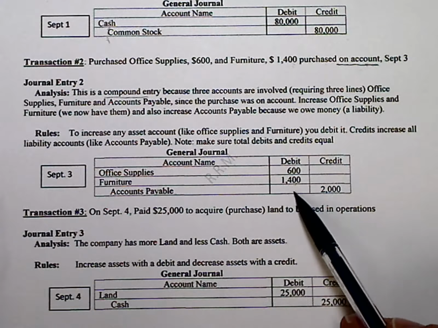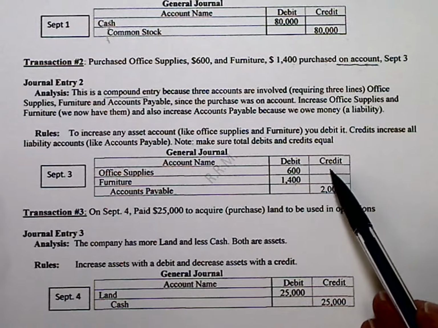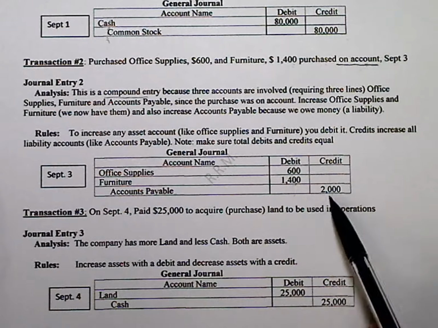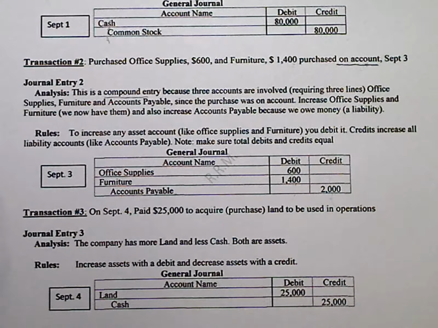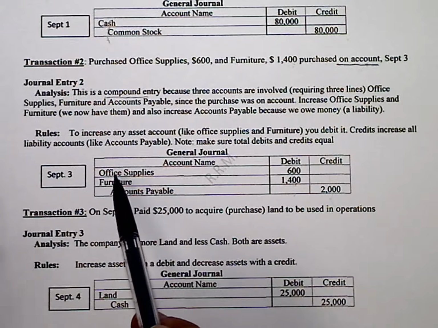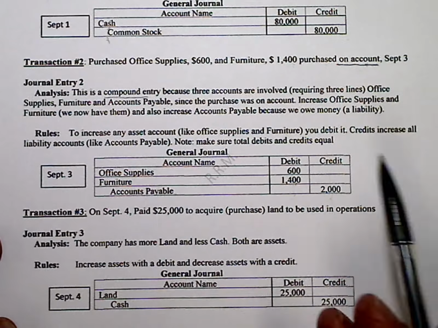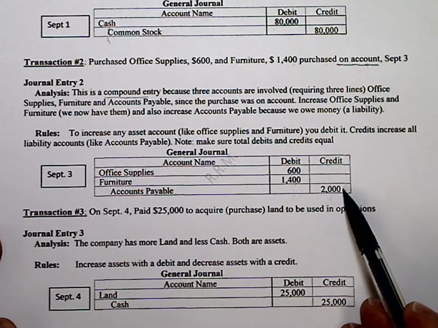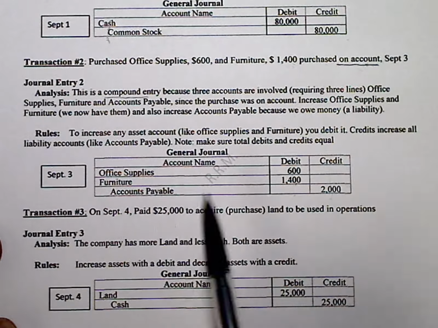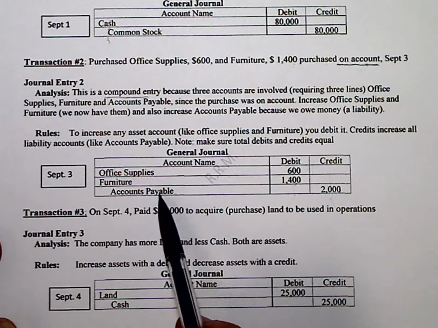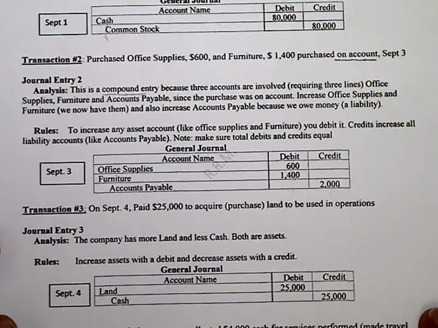The entry must balance. This $2,000 is $2,000. The entry balances. Asset up, and liability, accounts payable. What do the rules say? $2,000 credit increases accounts payable. Accounts payable, one of those liability accounts.